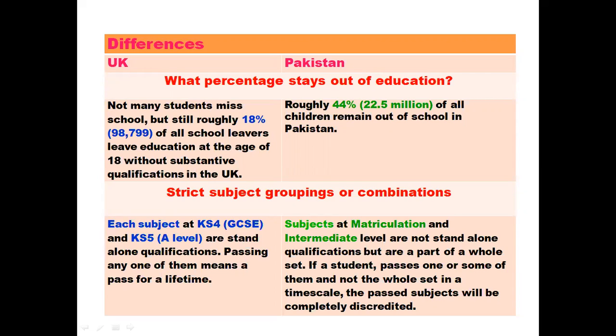While in Pakistan, subjects at matriculation and intermediate level, and even at bachelor's level, are not standalone qualifications, but are a part of a whole set. If a student passes one or some of them and not the whole set in a time scale, the passed subject will be completely discredited.